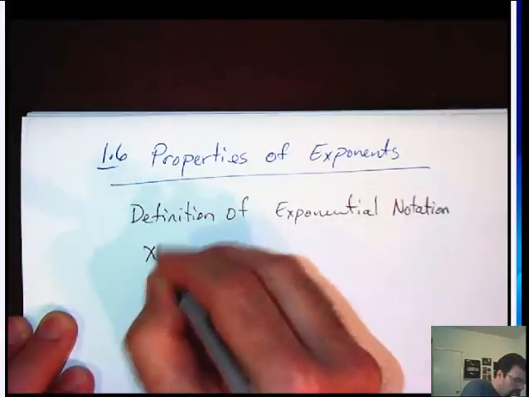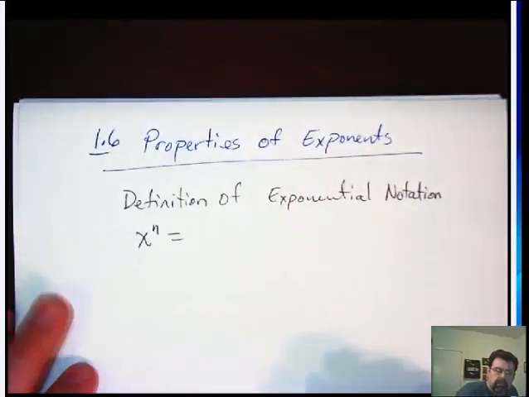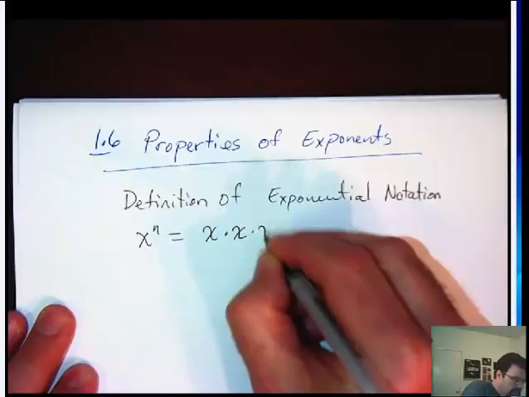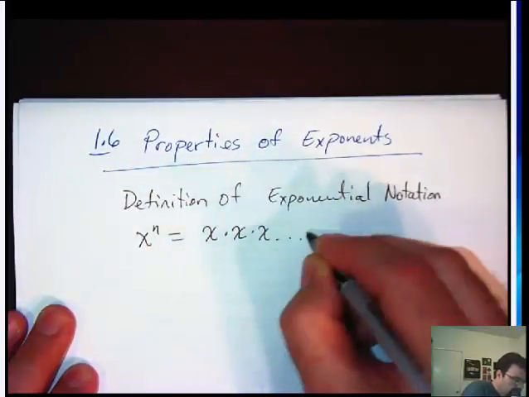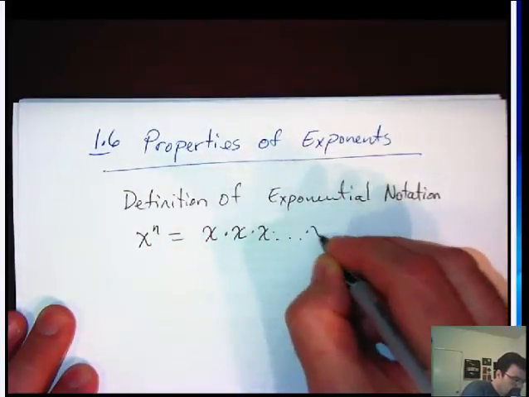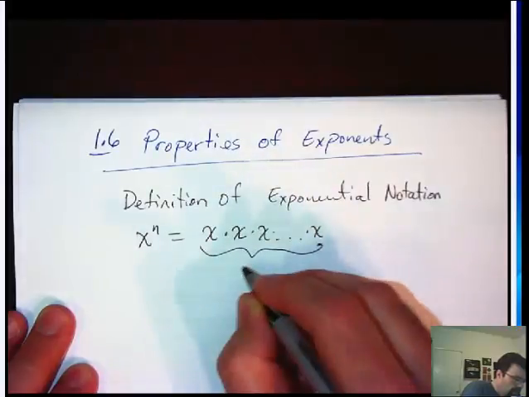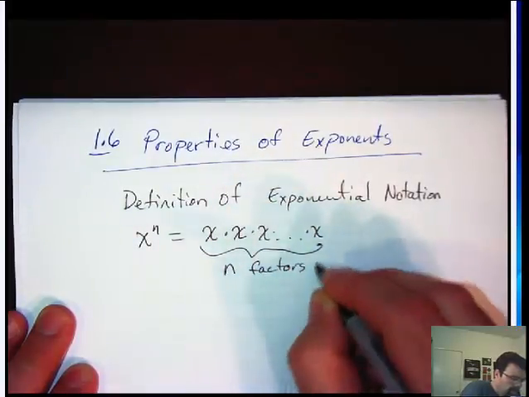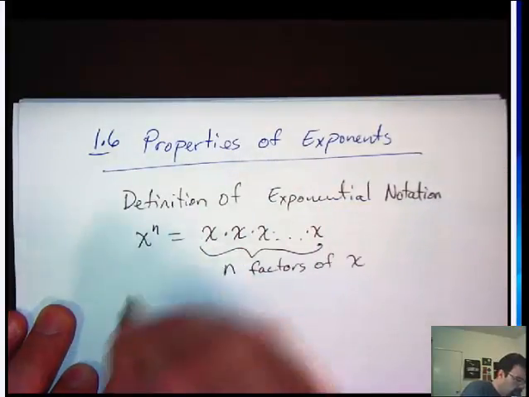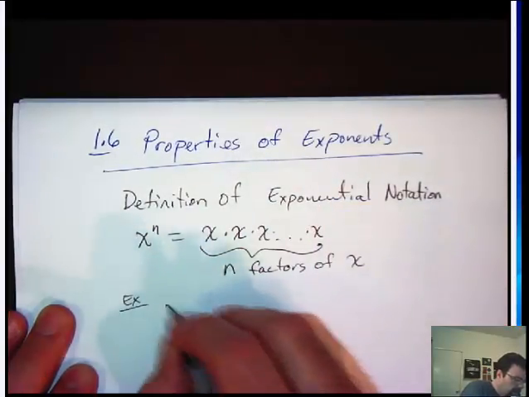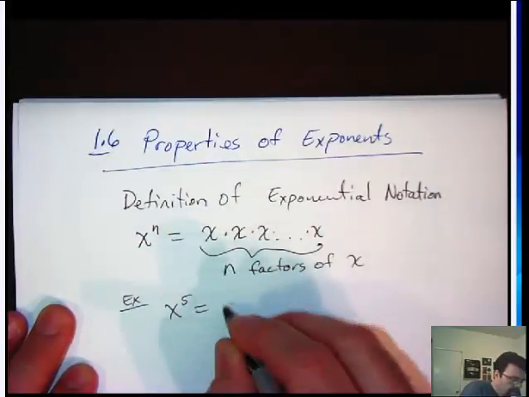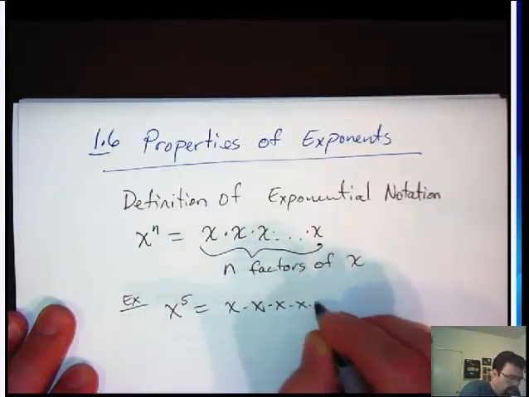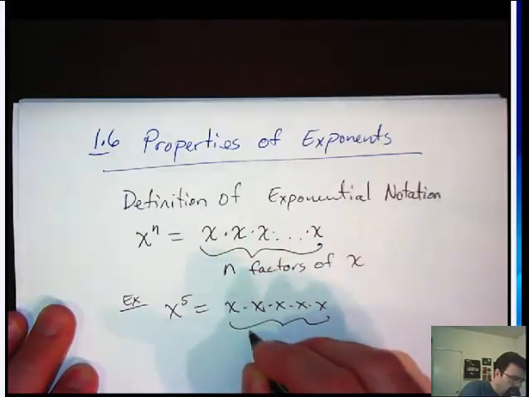So x to the n is equal to x repeatedly multiplied, x times x times x, dot, dot, dot, and you're going to have n factors of x. So if I had x to the fifth, that equals x times x times x times x times x, 5 factors of x.